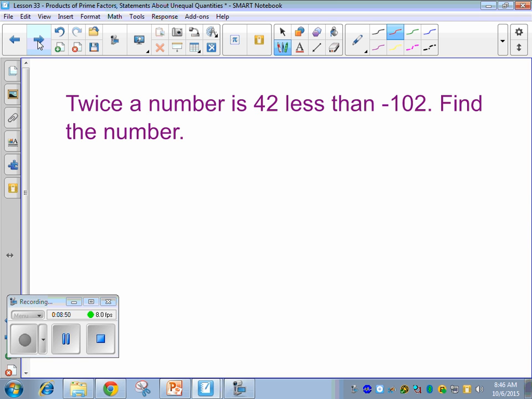Twice a number is 42 less than negative 102. Find the number. Who's got this one? Someone new? Yeah, Monica? Yeah, negative 102 minus 42. This one's sort of weird because they give us both numbers, like both of the things on the right side of the equal sign are numbers.